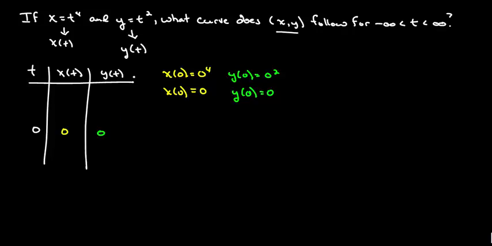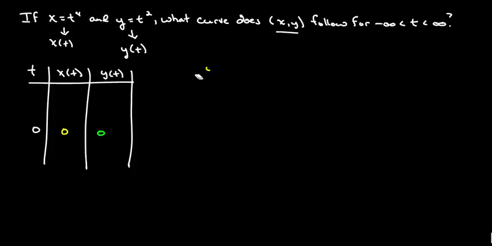So this will be the point (x, y), and the point (0, 0) is on our graph when t is 0.